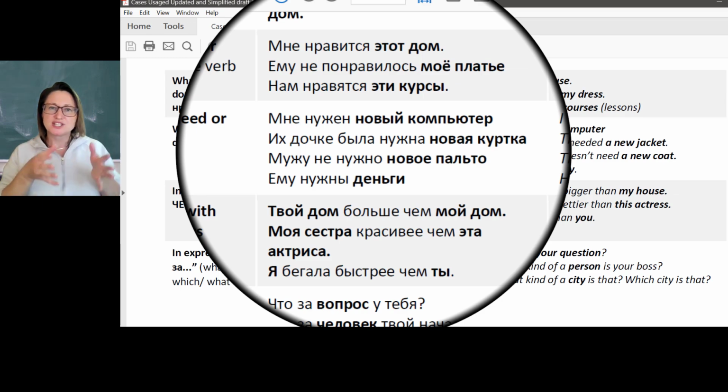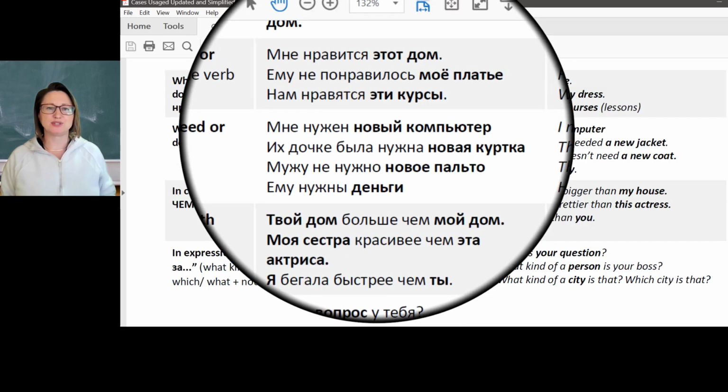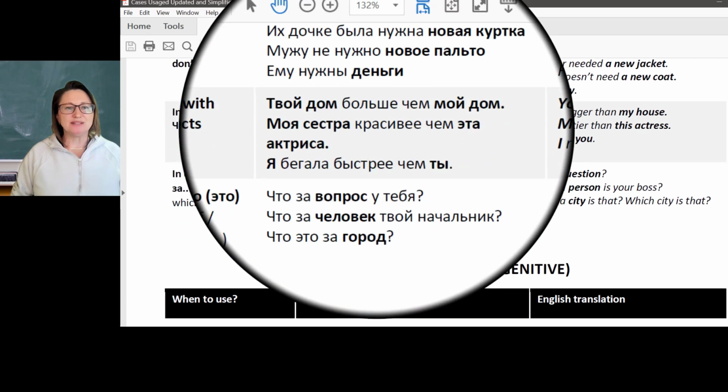So here we have a short adjective that goes with the noun in gender and number. So it's gender dependent and number dependent, meaning нужен, masculine, нужна, feminine, нужно, with the O at the end, neuter, and нужны, plural, depending on the subject of the sentence. Okay.